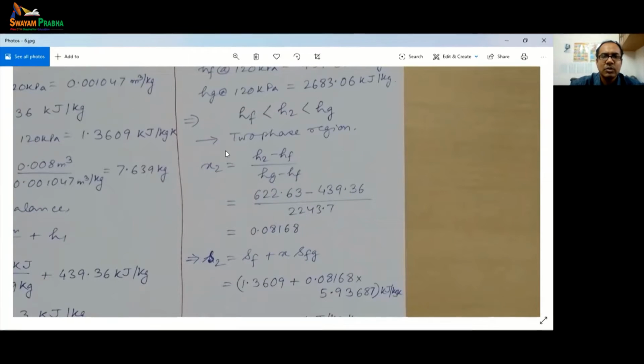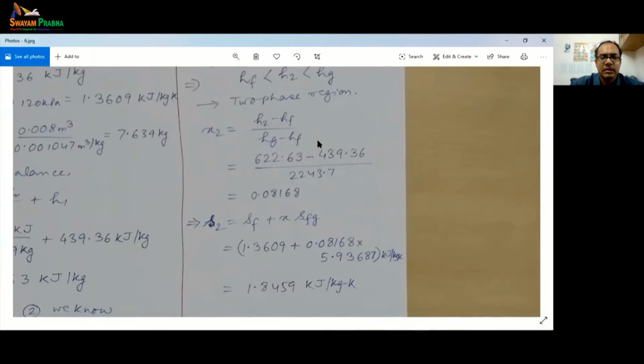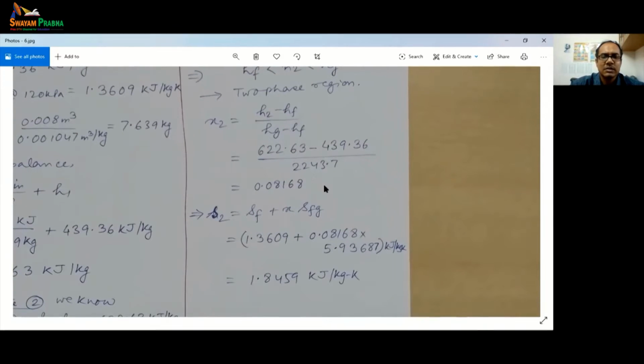If it is a two-phase region, then we can find the quality of the vapor. x2 will be equal to h2 minus hf divided by hg minus hf. All these values we look up, and h2 we figured out earlier. By putting in all those values, we find x2 will be equal to 0.08168.